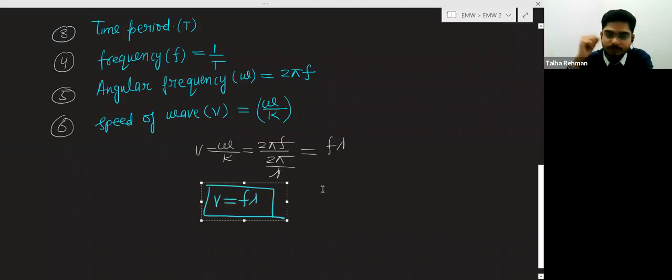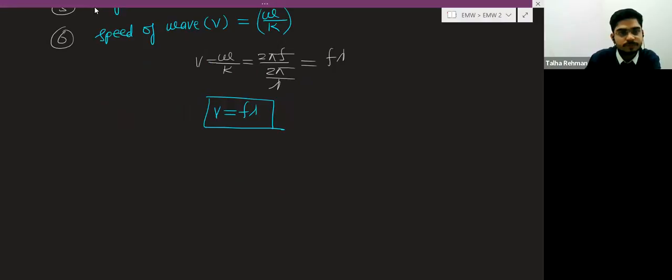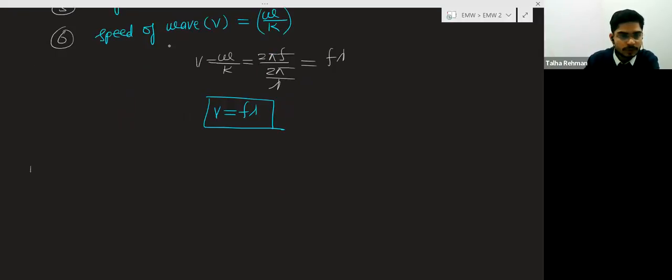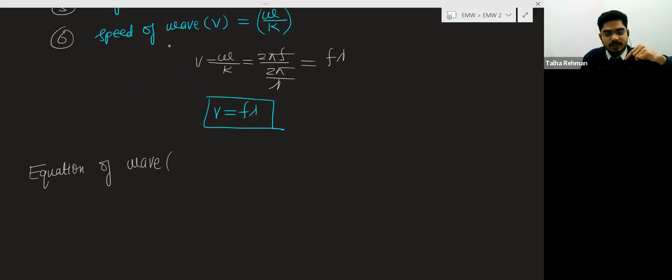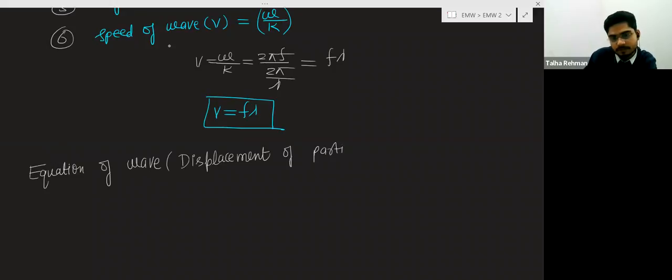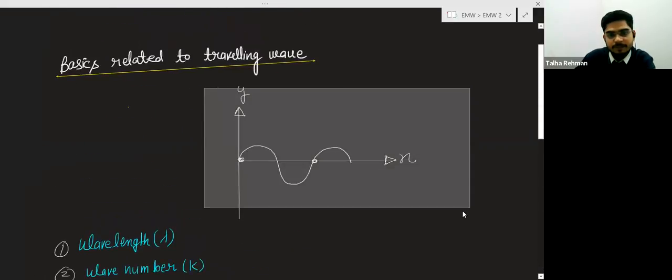Now we will write the equation of the wave. Basically, the equation of wave is just the equation of the displacement of the particle in the wave. For example, I have this wave.